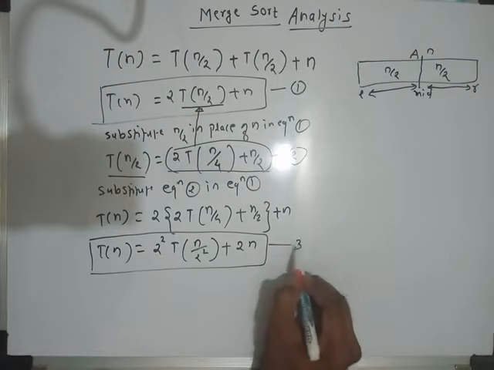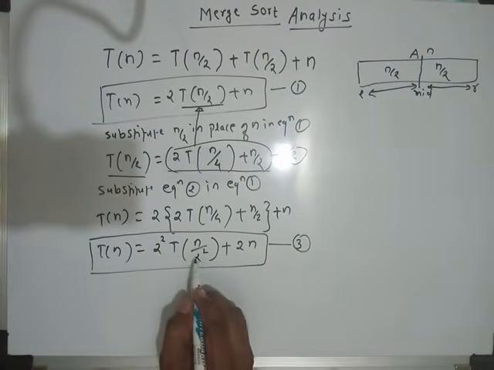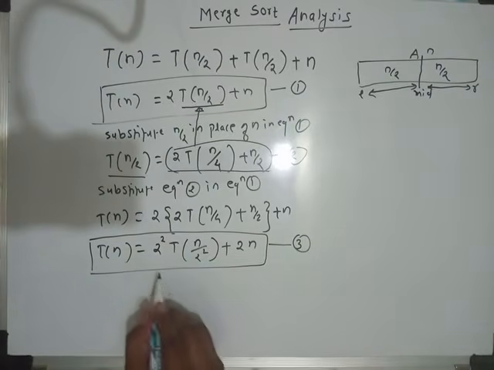So t of n is equal to 2 square t of n by 4 plus 2n. This is equation 3. But still I have this t of n by 4 term here, whose answer I don't know, but I'll get the answer of t of n by 4 again from equation 1 by substituting n by 4 in place of n everywhere.